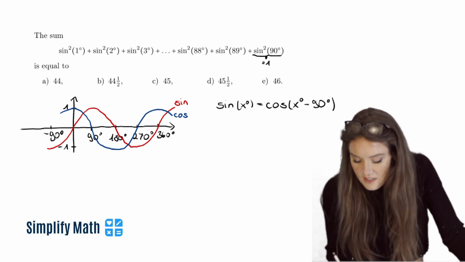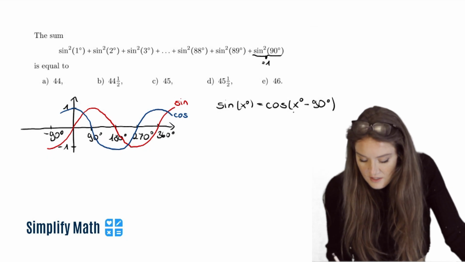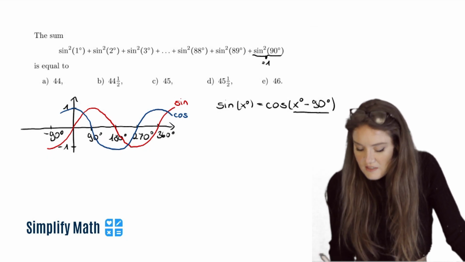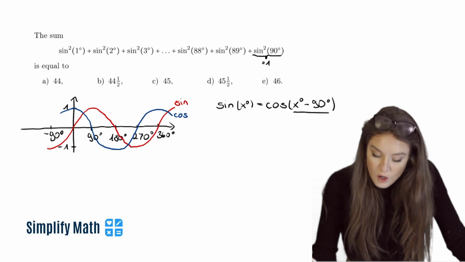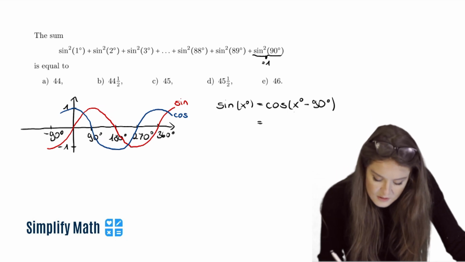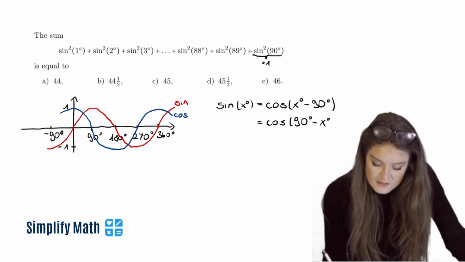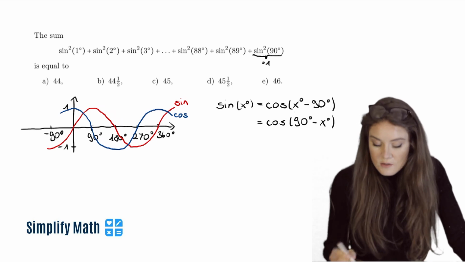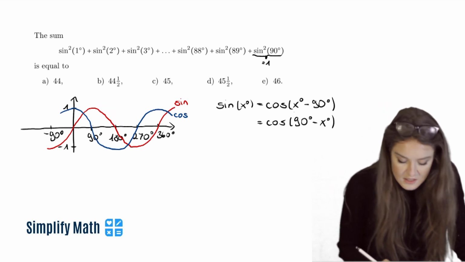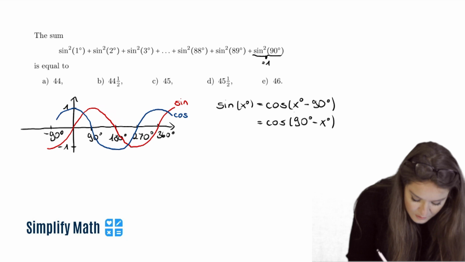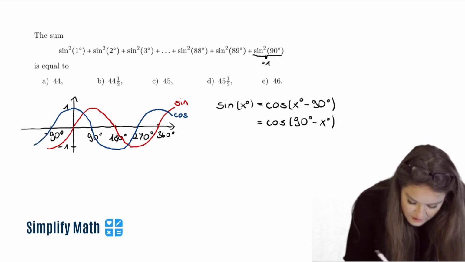Okay, and here I can write either x degrees minus 90 degrees, or I can also write cosine of 90 degrees minus x degrees. Because as you can see also here in the sketch, well, maybe I add a little bit more of the cosine function.